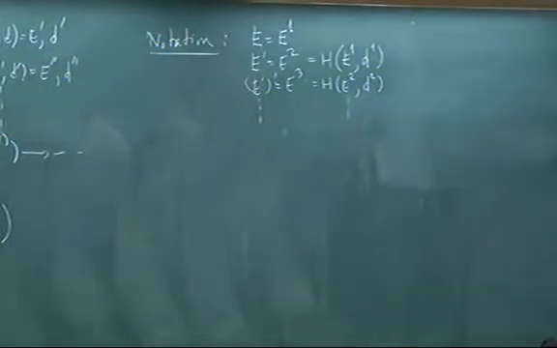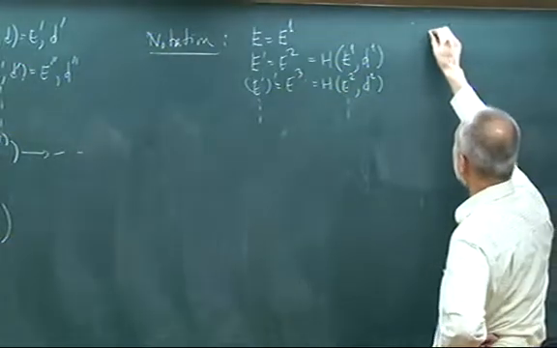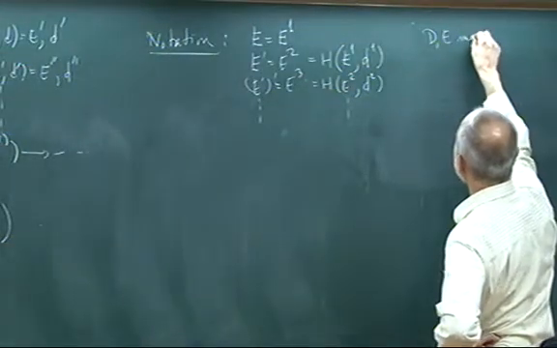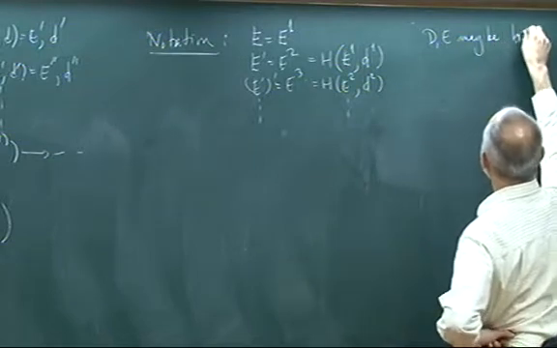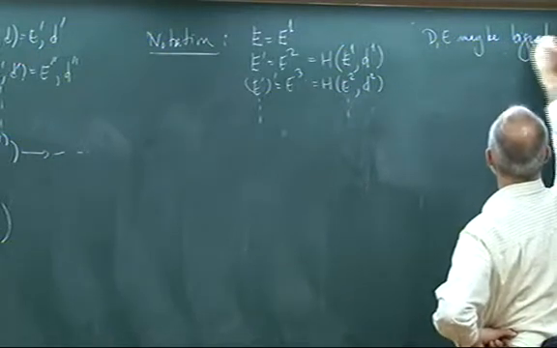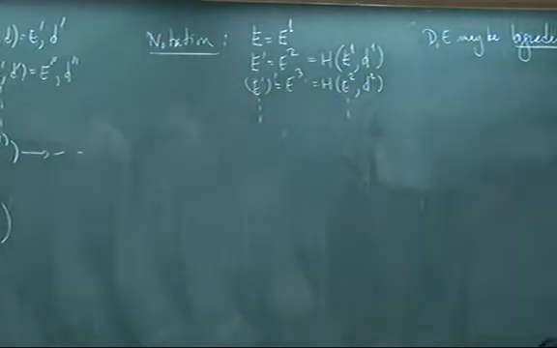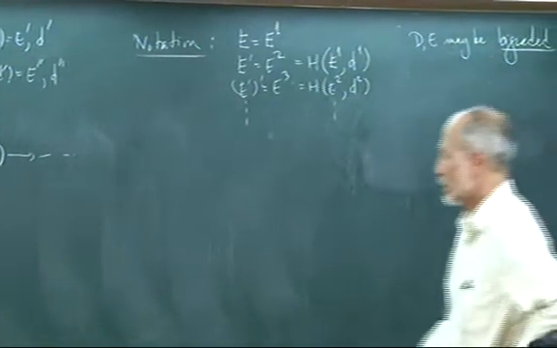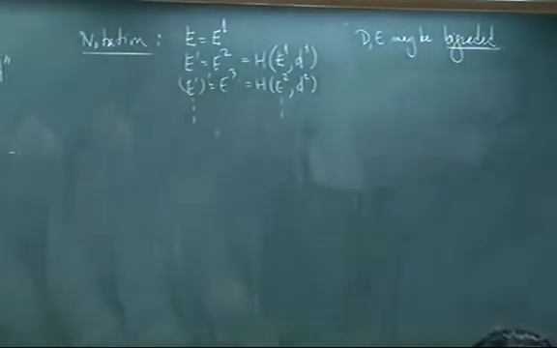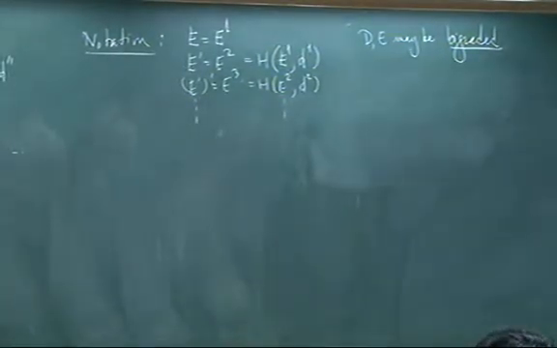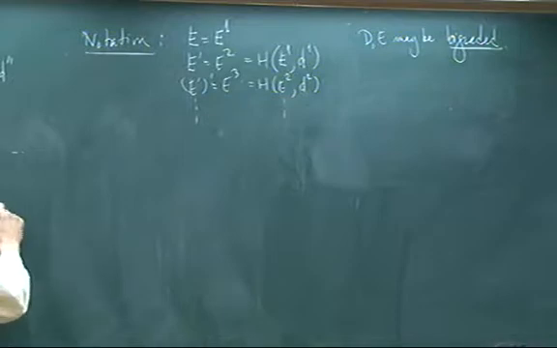And now let me observe also that D and E may be bigraded. If you like, the filtration level determines the first part of the bigrading. So I would want to think of this as E with a K plus 1 attached to it.